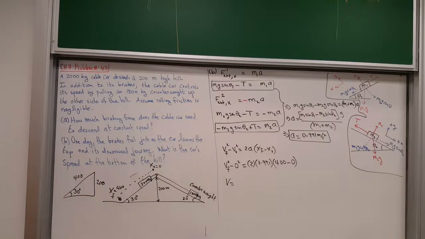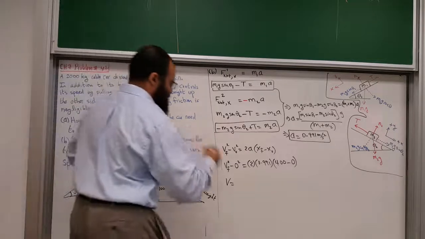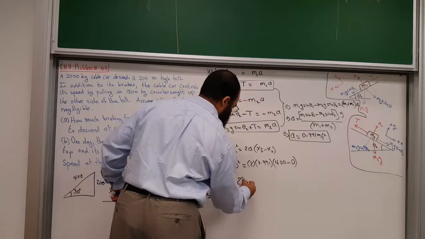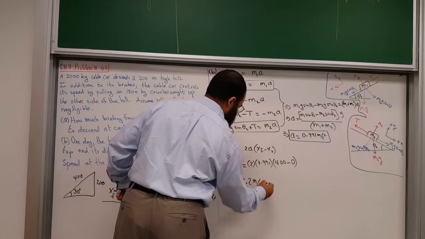Let's see. 0.991 times 2 times 400, to the power 1/2, so I get 28.2 approximately. 28.2 meters per second.